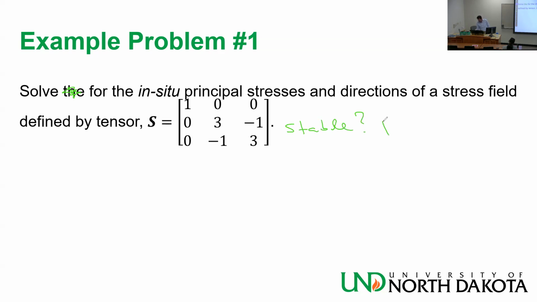So how am I going to proceed? We want the principal stresses and their directions. We said that the principal stresses are given by the eigenvalues, so I have to solve this equation that we mentioned earlier.